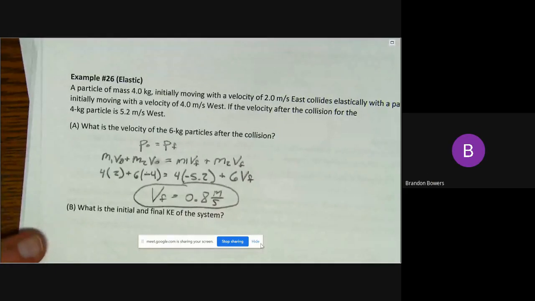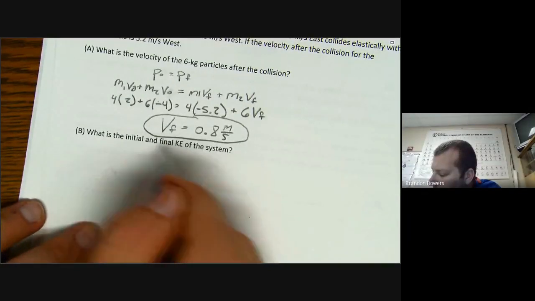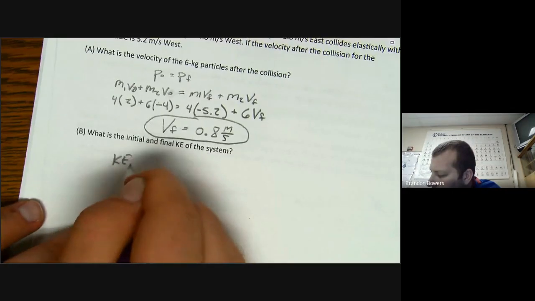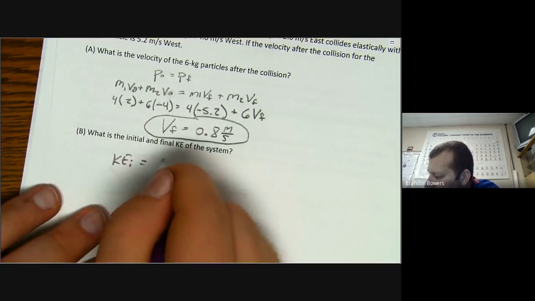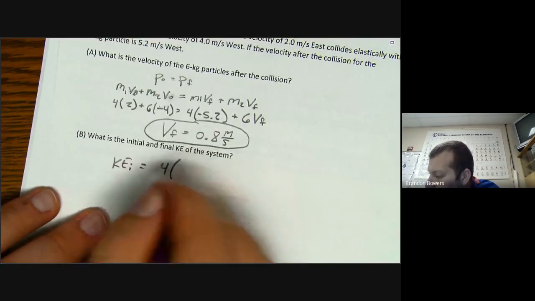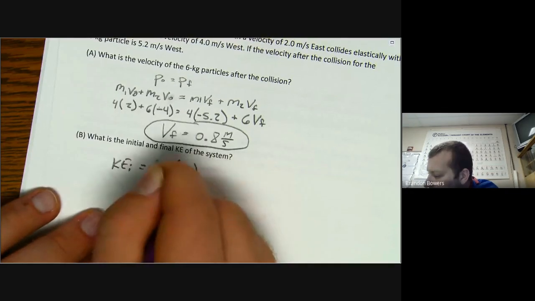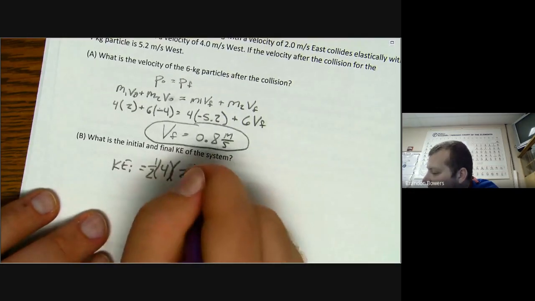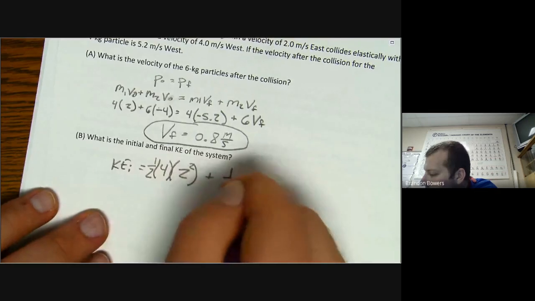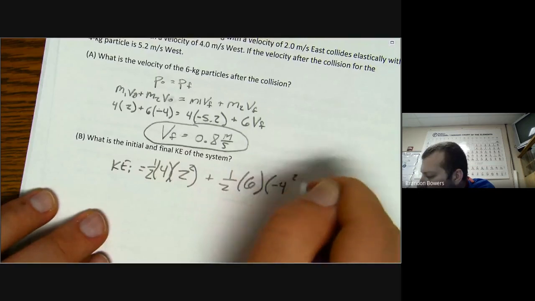Now, to solve for the initial and final kinetic energies, remember my kinetic energy can be conserved. So initial, for object 1, mass of object 1 times velocity of object 1 squared, 1/2 mass velocity squared plus 1/2 mass velocity squared.